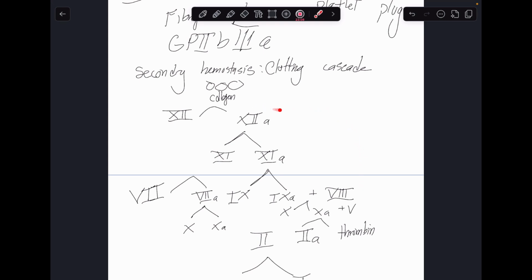our intrinsic pathway. So we have damage coming from the inside. If we have damage coming from the outside, then we activate number 7. Anything from cofactor 10 down, that's what we call the common pathway, which is final clot formation. Extrinsic pathway, 7, doing its whole thing.